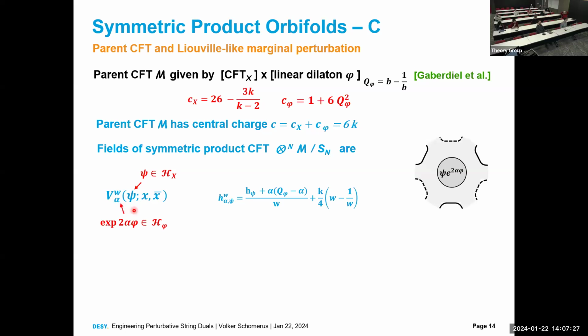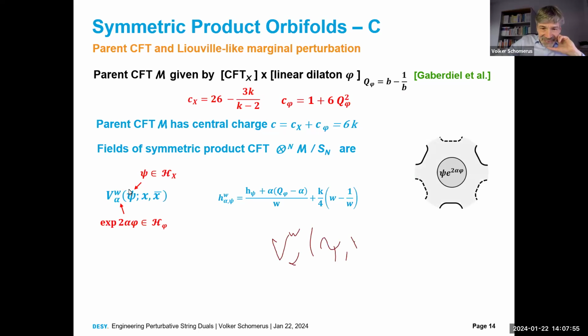The W here denotes the twist field. Maybe I should have written this out. I don't know, maybe I can do this now. The twist field, I try with my fingers. So what is V, W, alpha? You can see that, right? Yes. Okay, good.